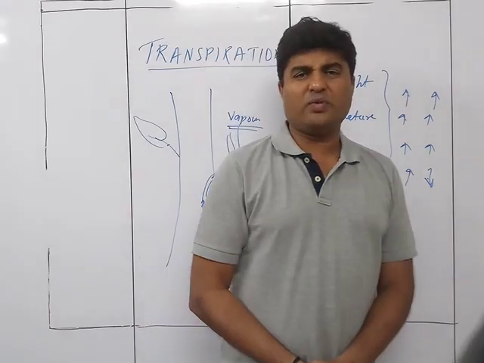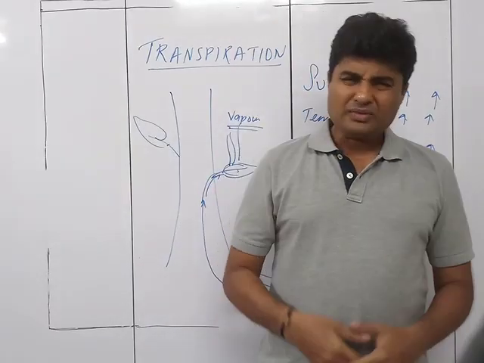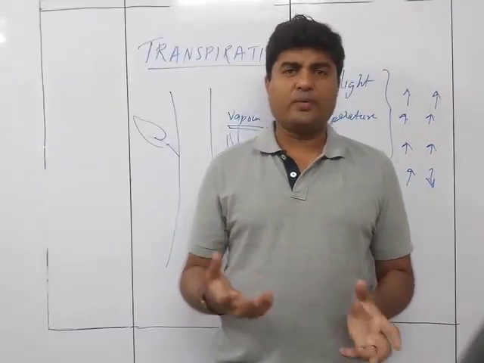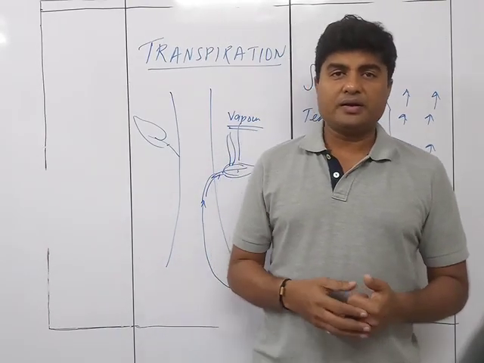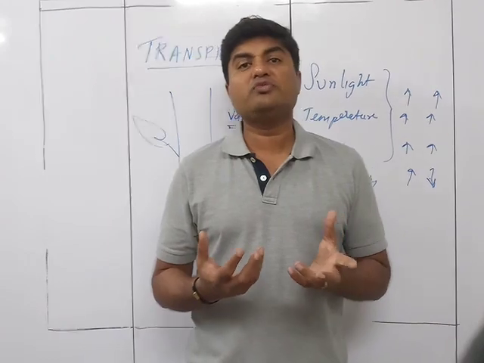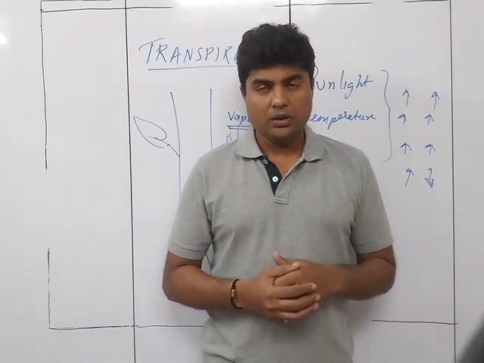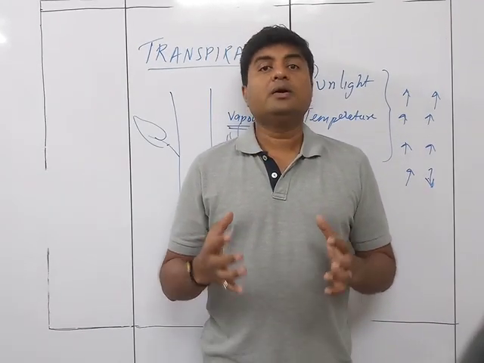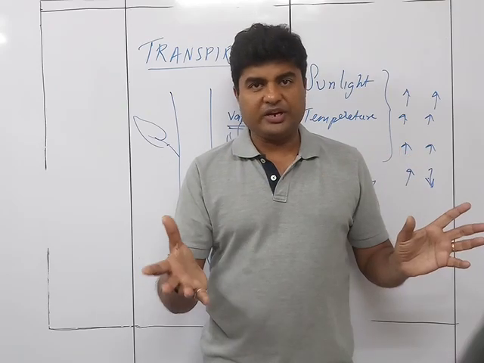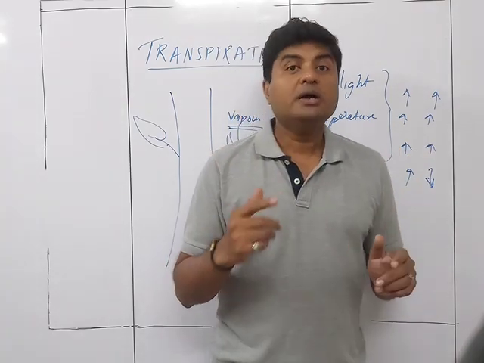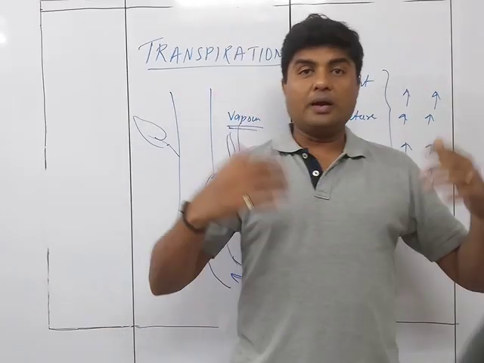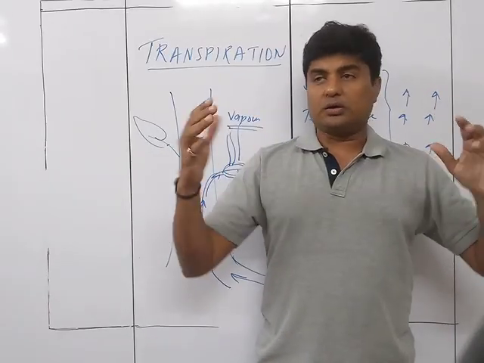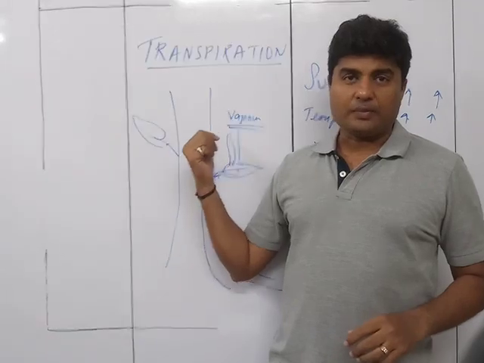See, always on a hot summer day, even when we go to a picnic or somewhere, where do we try to sit? We sit under a tree. Why do we sit under a tree? Because when you sit under a tree, it feels much cooler. The reason is that first, the tree gives shade, so we are protected from the sun. Secondly, due to transpiration, the continuously evaporated water is given out by the plant.